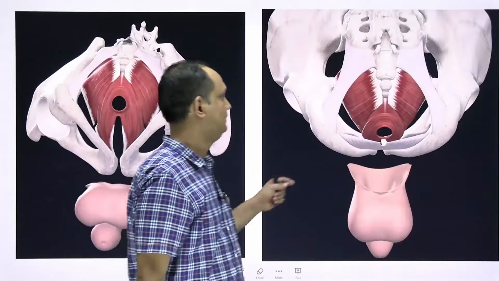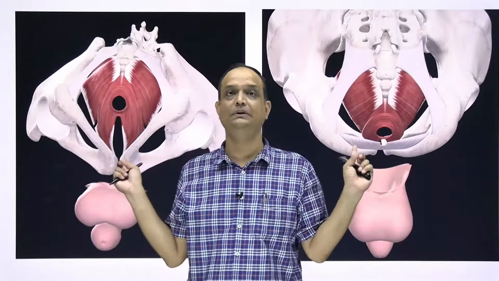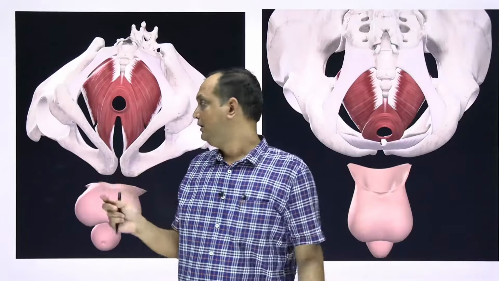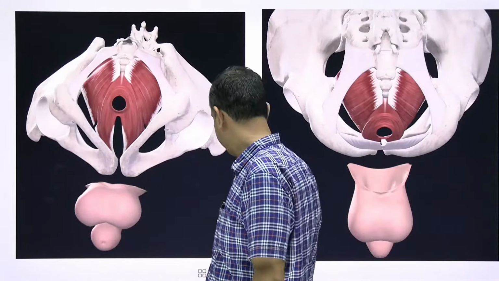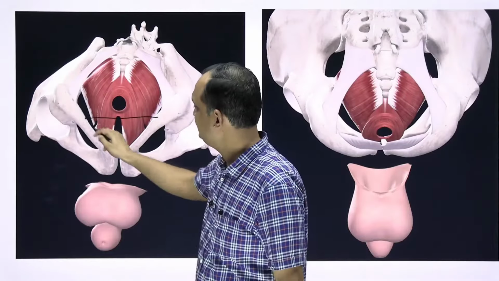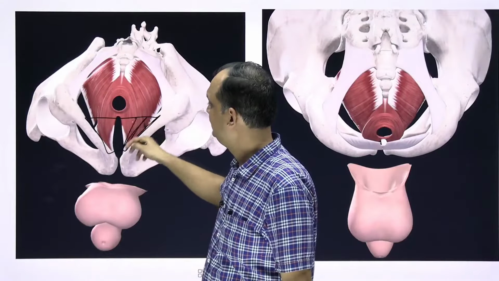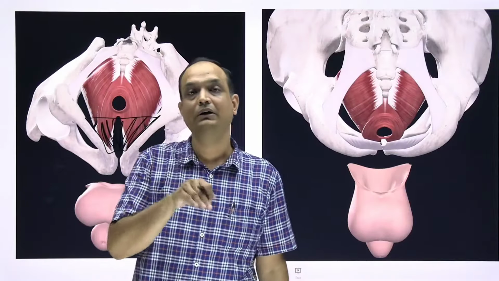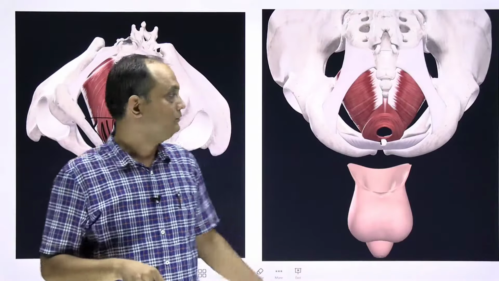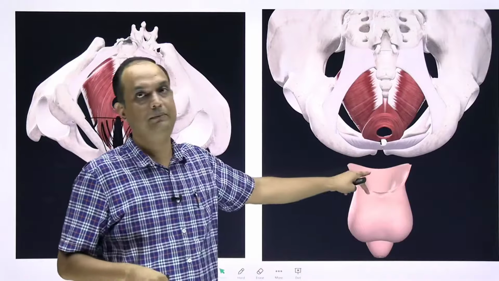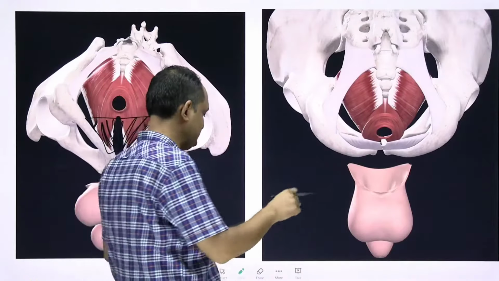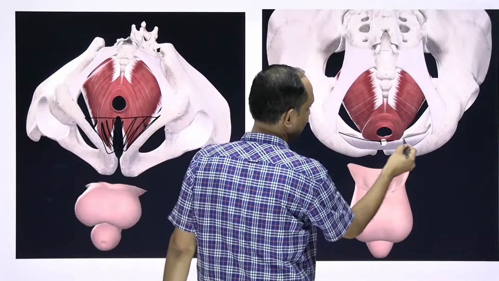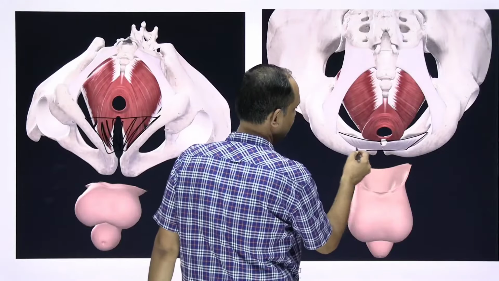So now in both these images, you can make the difference. I just explained that this area which lies here is your urogenital diaphragm, and inferior to that you will have the perineal membrane. Now in this same image, we have placed the perineal membrane. So this is the perineal membrane which you can see here.